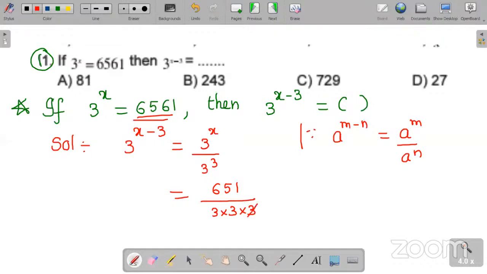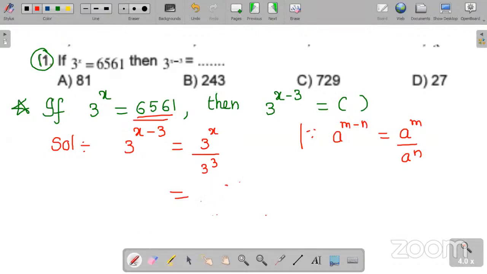Sorry, I made a mistake here. This is 6561.